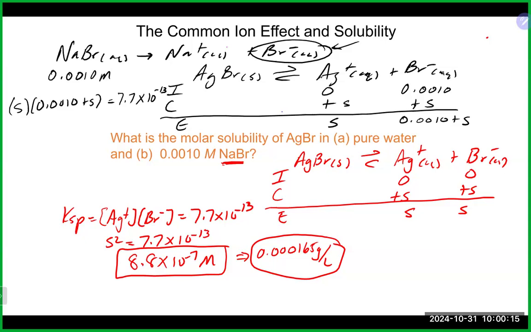This is definitely a small value of K, which means you could still do your assumption, and you could assume that the S being added to 0.001 is negligible. That's the only one that we're going to get rid of. This will give us S times 0.001 equals 7.7 times 10 to the minus 13.